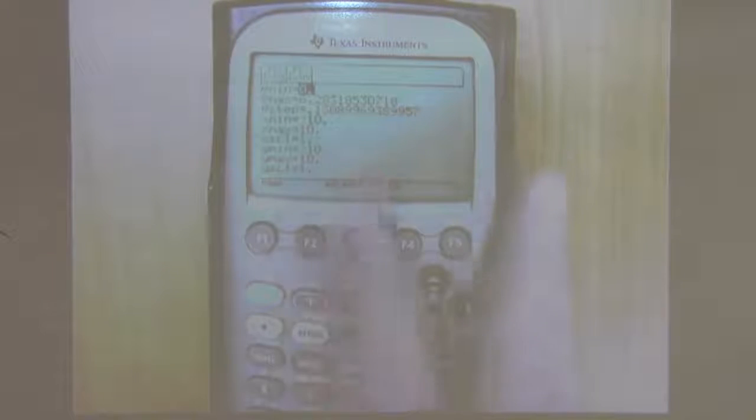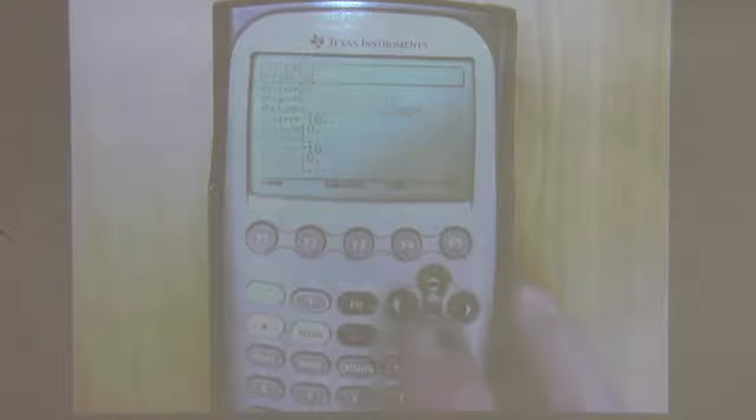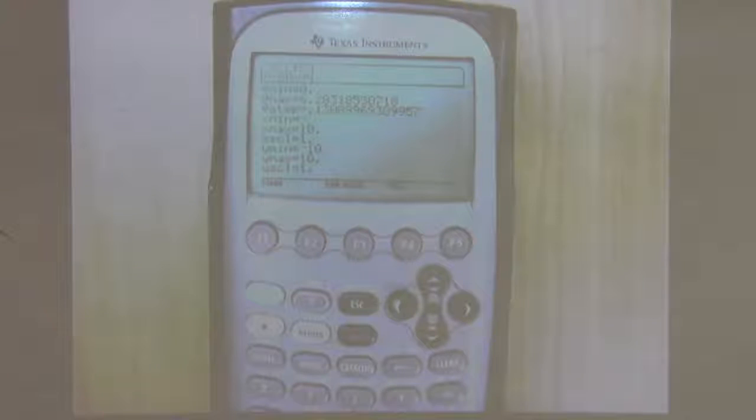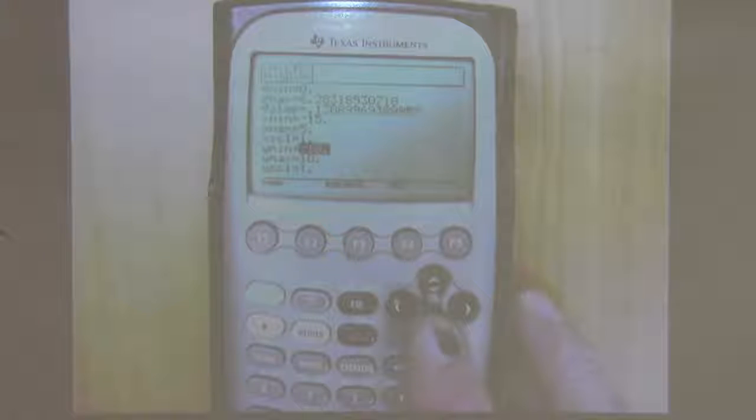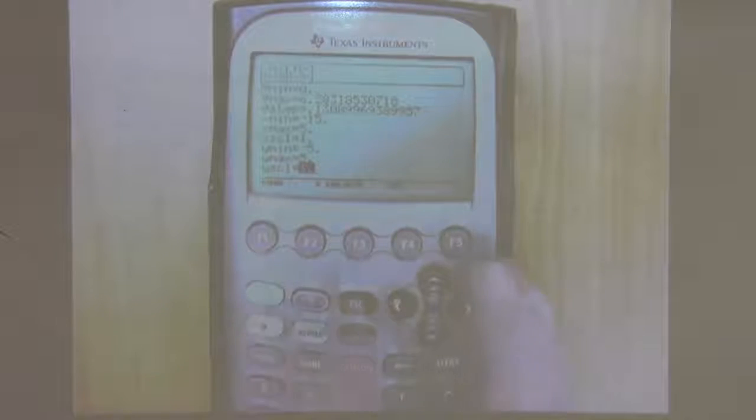My x min, let's go to negative 15 at least. X max, it doesn't need to be that much, we could say 5 by 1s. Y min, Y max, let's say minus 5 to 5. Let's graph it.